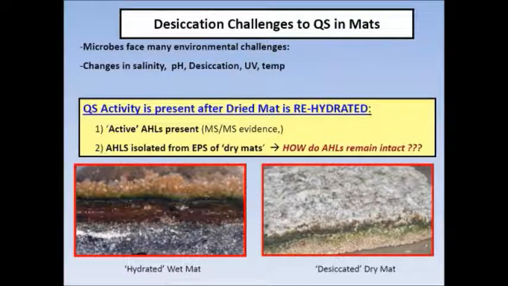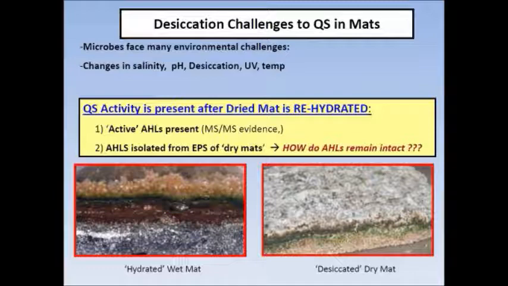Another challenge that signaling has in many places that bacteria live in biofilms is desiccation. Remember, bacteria are exposed to many environmental challenges such as salinity changes, pH changes, UV, temperature, and we find that in these microbial mats, when they are hydrated, as shown in cross-section on the left, we can see different functional groups of bacteria, the diatoms on the surface, cyanobacteria underneath, sulfate reducers, and the other groups.